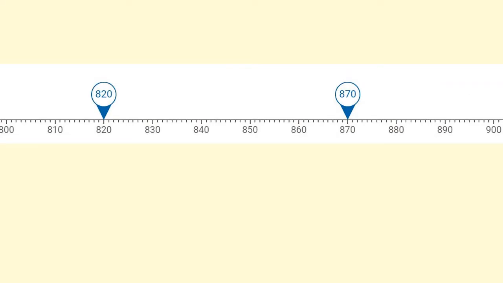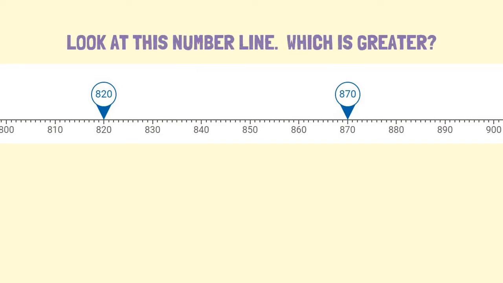Now we go to the next number line. Actually, this is the same, but I just give you 2 examples, okay? Now, look at this number line, which is greater. The first number on the left is 820. The second number on the right side is 870. The number line starts from the left to the right. From 800, count up until 900.